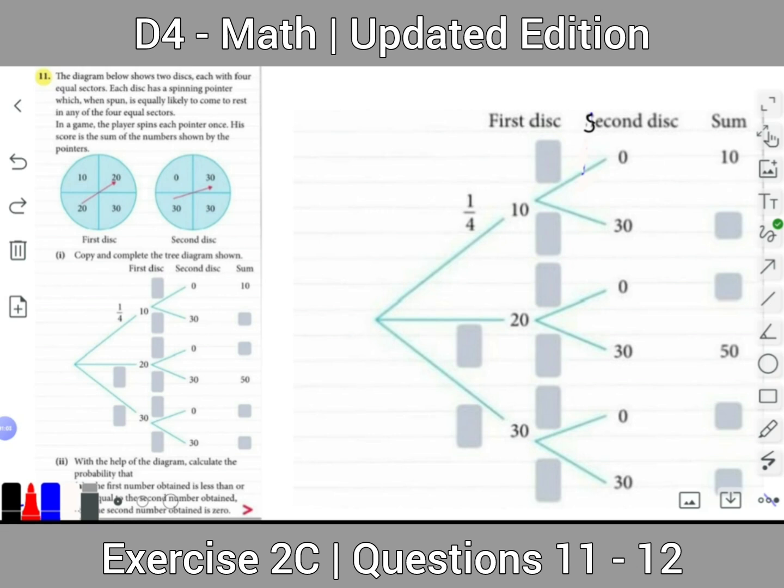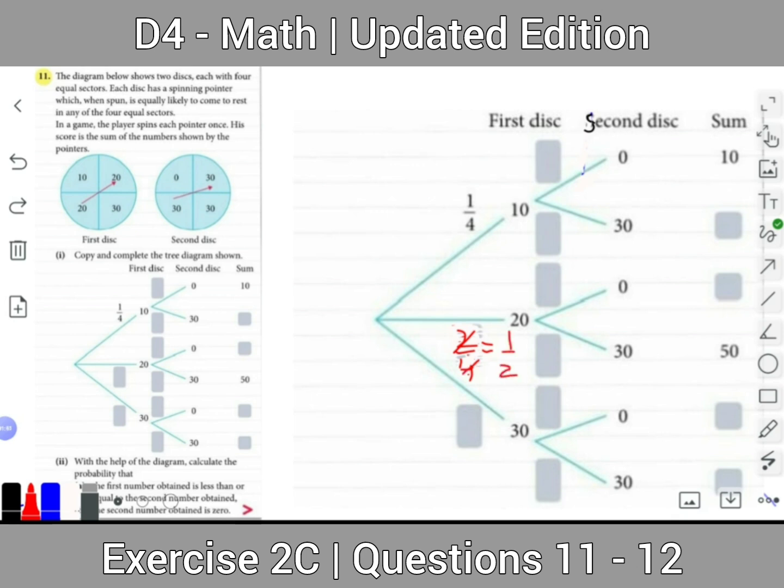Now for 20, since there are four equal parts and 20 occurs on two sectors, here we have 2 over 4, which will be equal to 1 over 2.